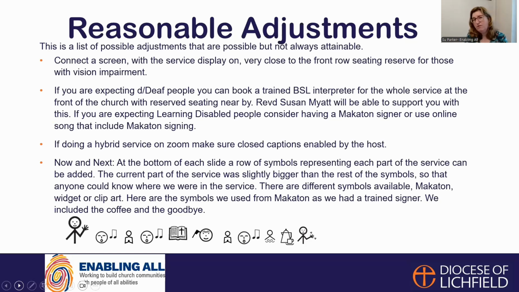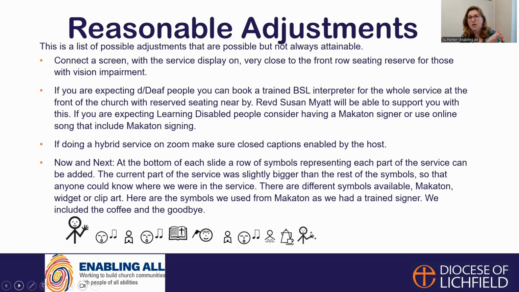So another toolkit that we've developed is reasonable adjustments. This goes through a list of all the things that we changed or had available for our service. We had a row of seating near the front, right at the front row, with a screen in front of it. We reserved the seating for those with vision impairment, and we added that onto the reserve signs.